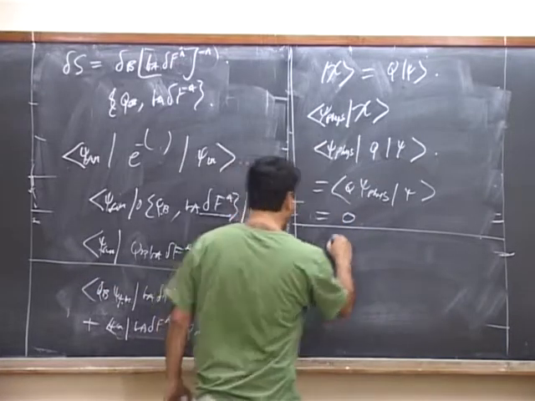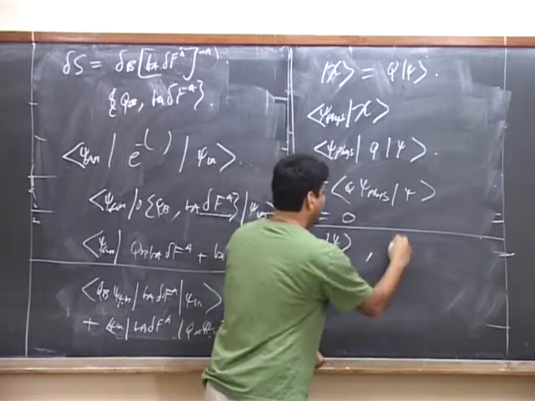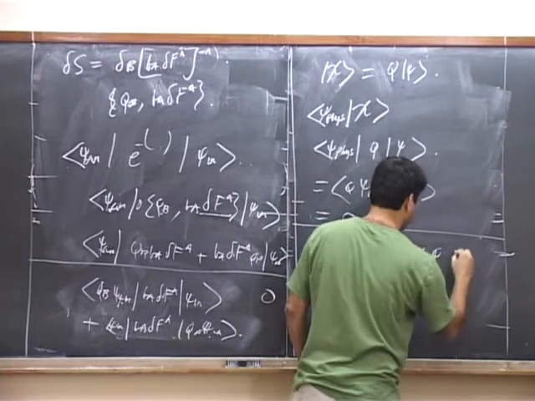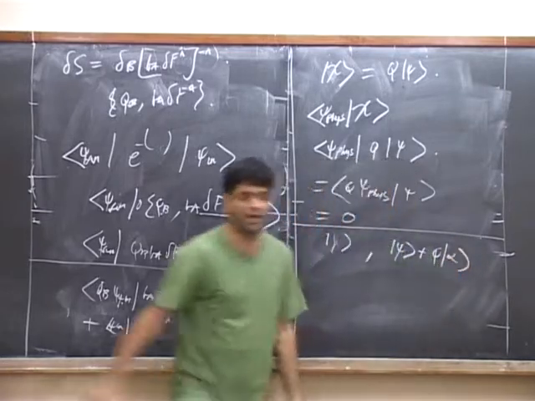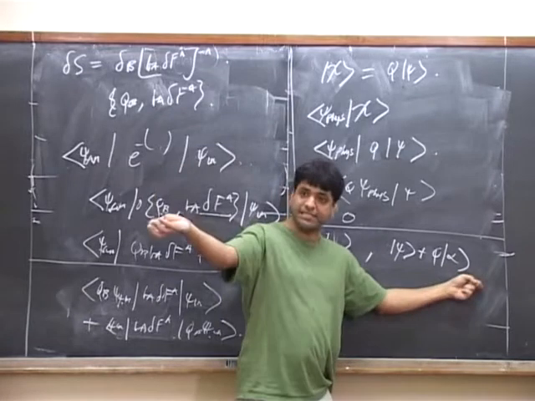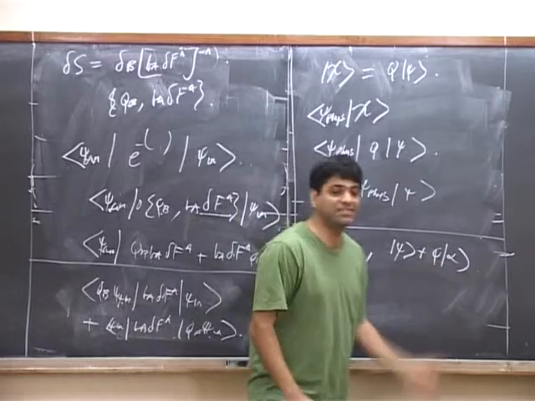Okay? So now suppose I take two states: one state psi, and the other state psi plus Q times alpha. The inner product of these two states with every other physical state in the theory is identical, because this part gives zero.